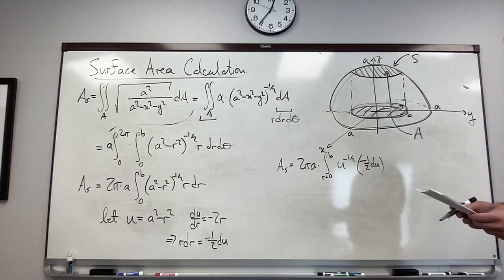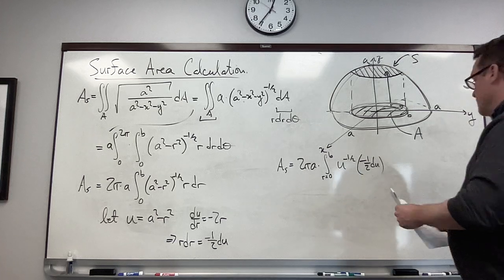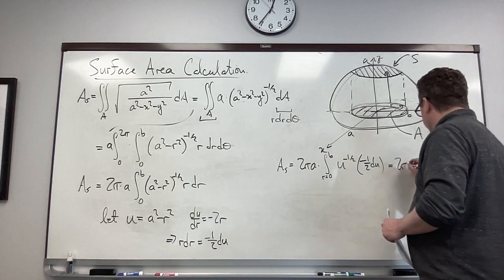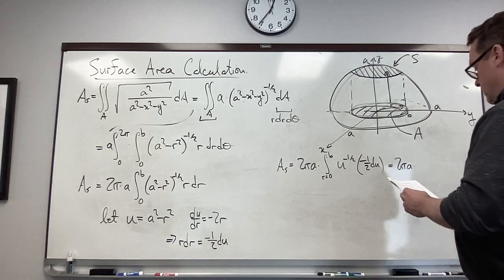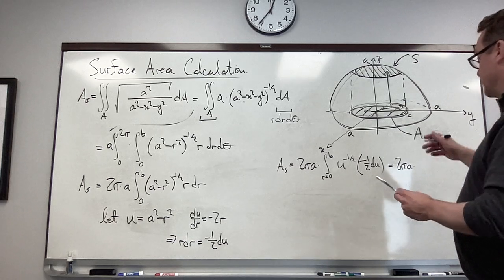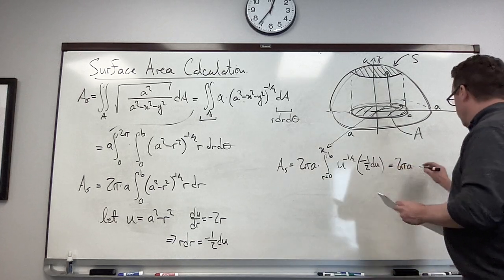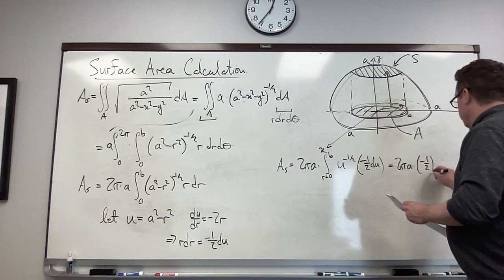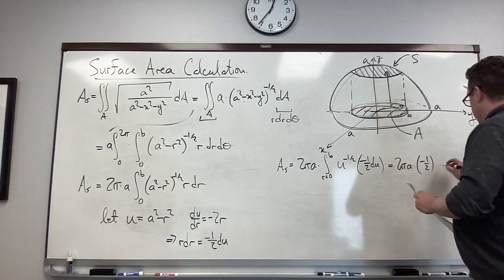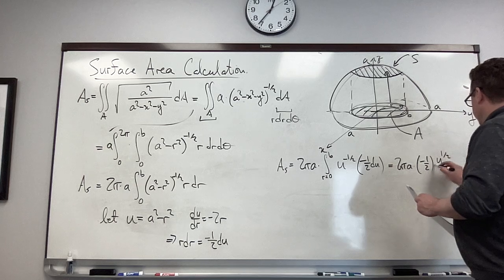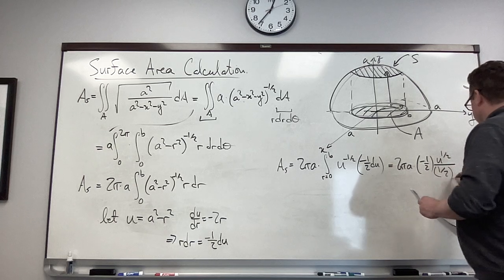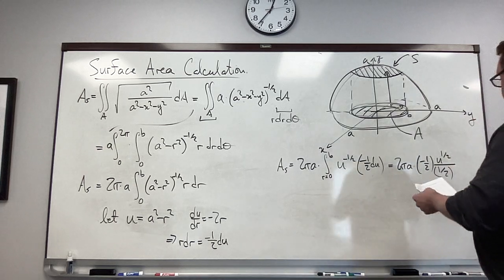Okay, that's how this is simplified. So that becomes this 2 pi a, and then we'll have u to the minus 1/2 plus 1, so this becomes, I'll pick the minus 1/2 here, minus 1 over 2, it's from there, and then this becomes u to the plus 1/2 divided by that, right?